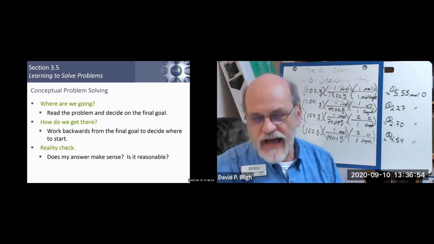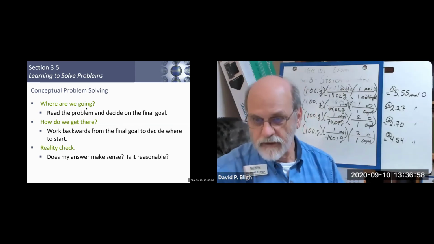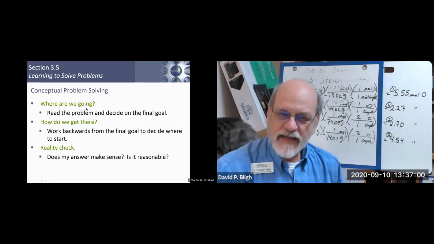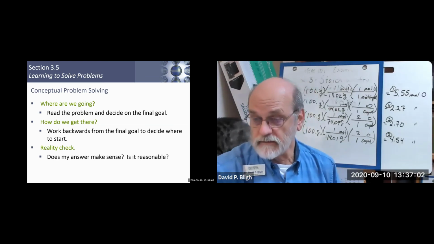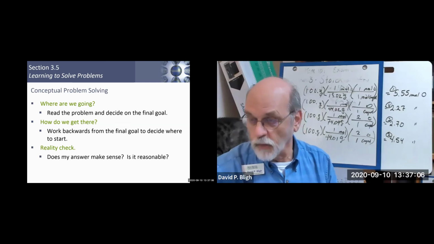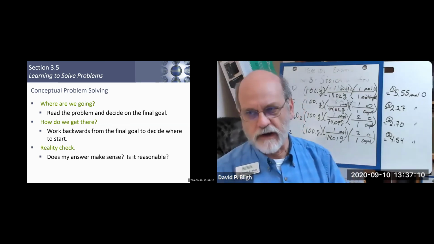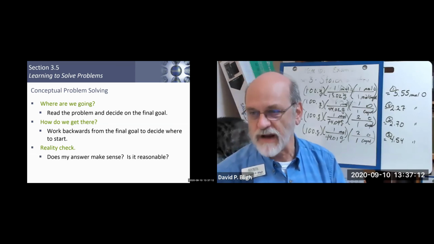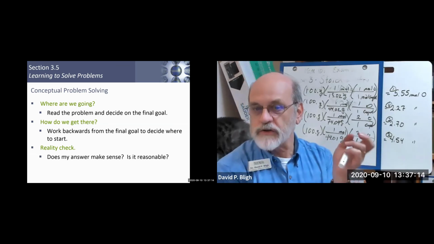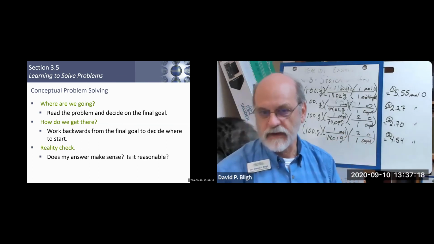This is the author's idea of problem solving. Where are you going? Another way of saying that is, what's the question? When you read a word problem in a test or in a homework problem, there's a lot of blue smoke in there, a lot of information that you may not need. What you've got to do is pick out the question. What is it asking?